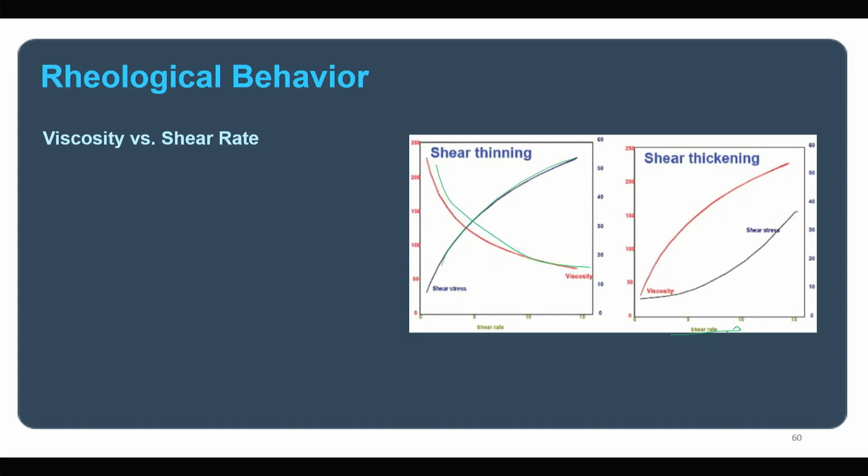As shear strain increases, shear stress also increases, but the path of the shear stress increase is different from the shear thinning material. In shear thickening, the viscosity immediately increases with the increase in shear rate.